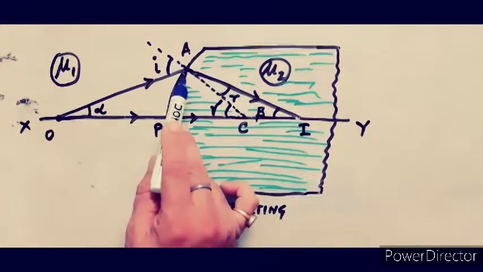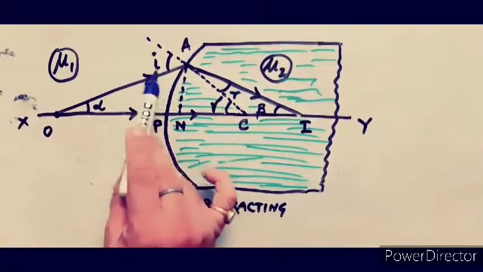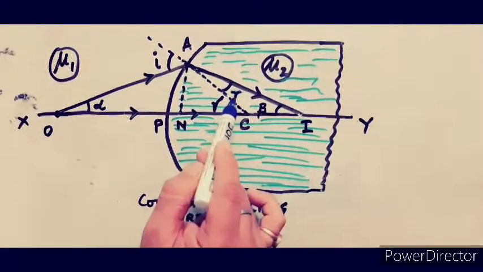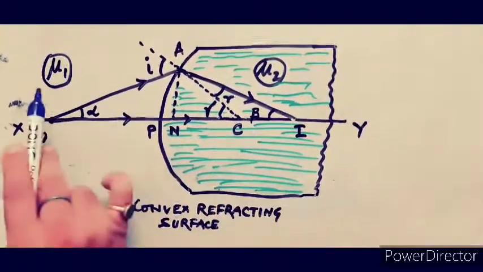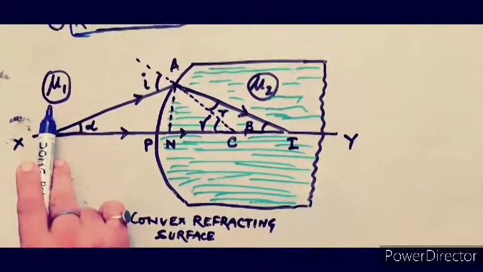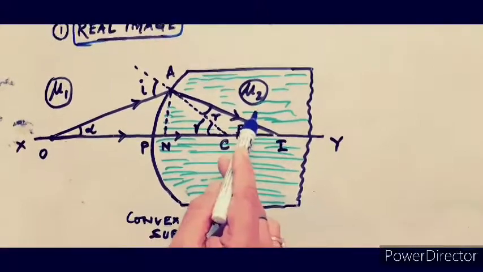We drop the perpendicular from A onto the principal axis, AN. i is the angle of incidence, r is the angle of refraction. Right? All things are clear. Mu1 is the refractive index of the rarer medium and mu2 is the refractive index of the denser medium.